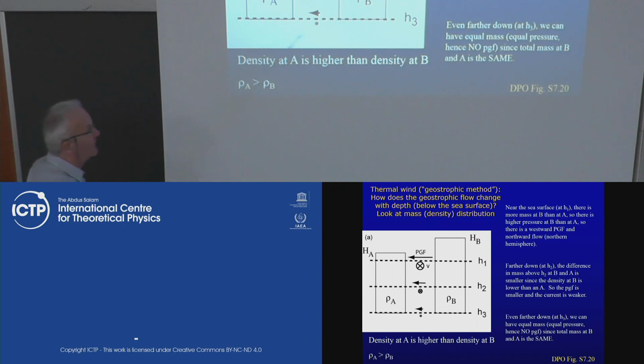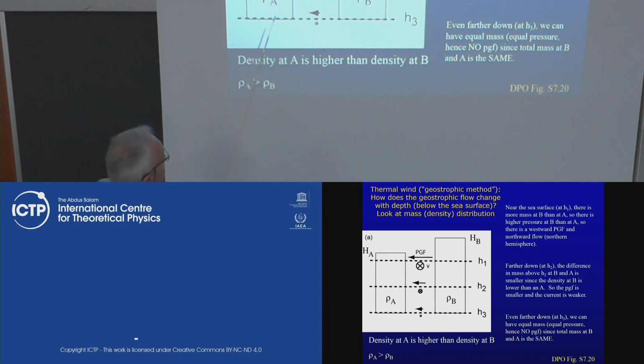Because you can see from these qualitative considerations that the vertical shear, so the vertical gradient of the horizontal velocity, is proportional to the difference of density between the two columns, two places in the ocean.